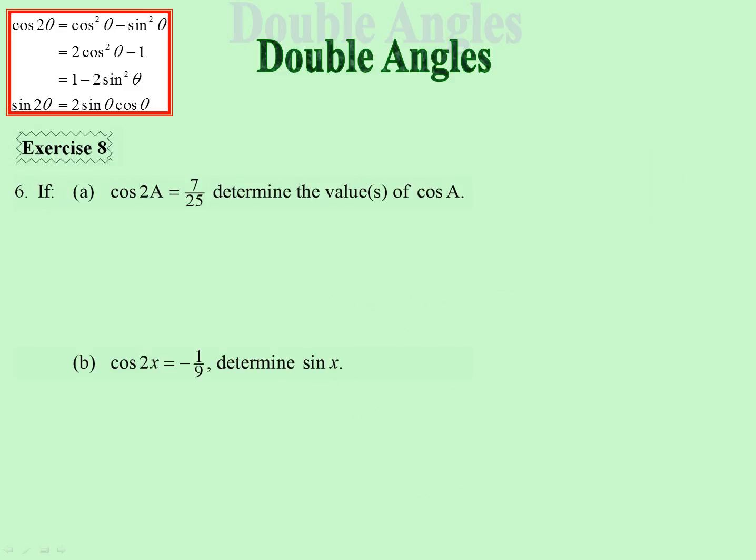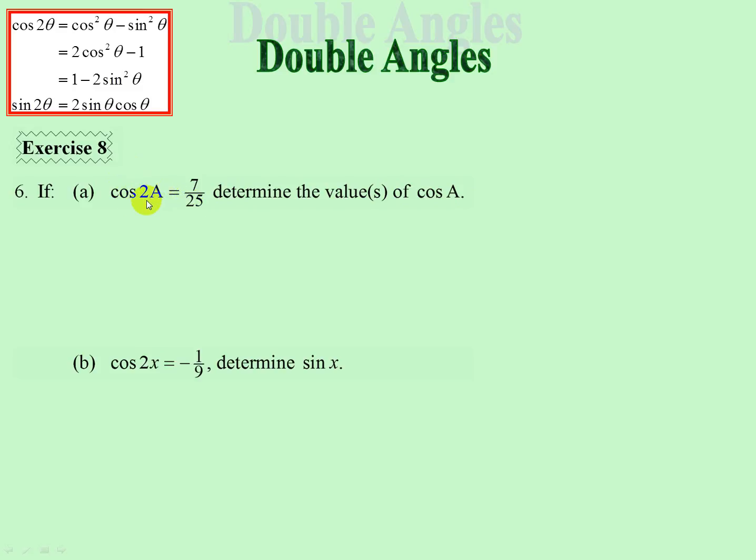Cos 2A is 7/25. Determine the value of cos A. Well, remember, don't use x by r. X by r of 2A bears no resemblance to x by r of A and has no relationship with it directly. So instead, here's that equation.